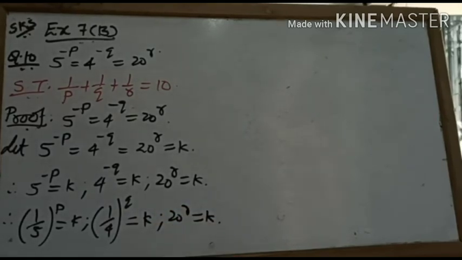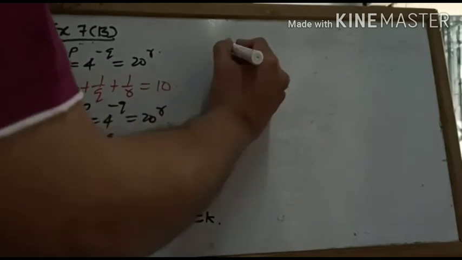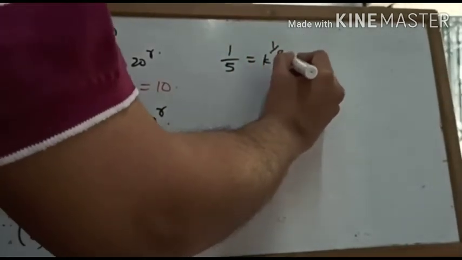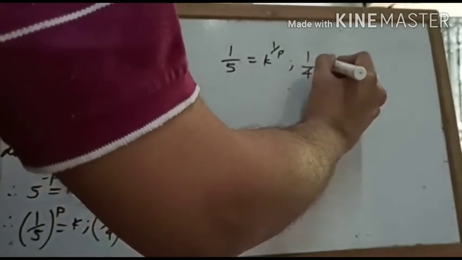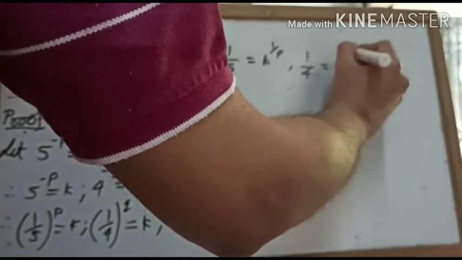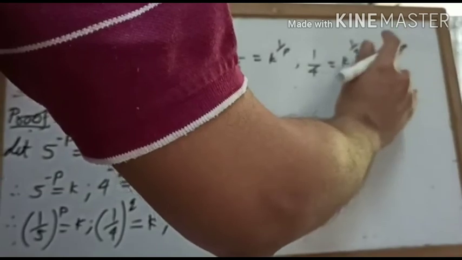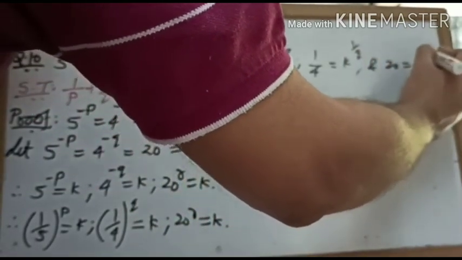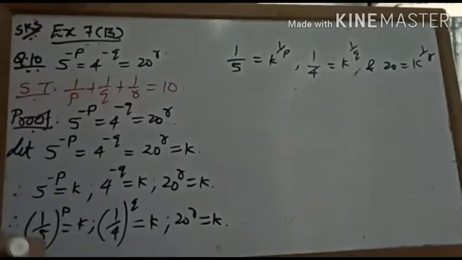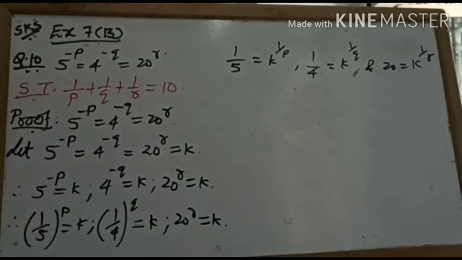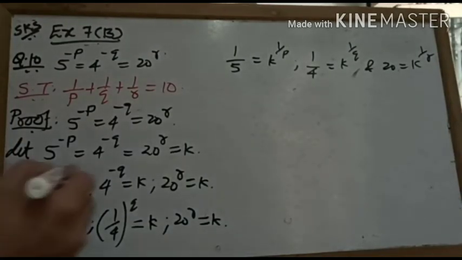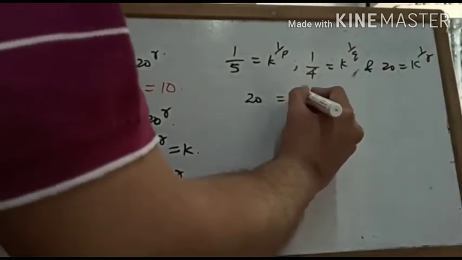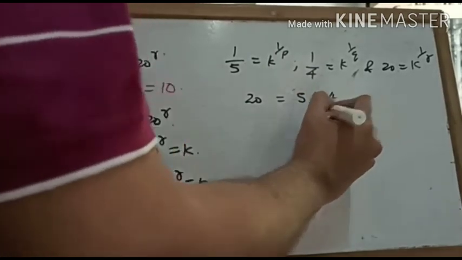I am taking the corresponding root of each number, that is 1 upon 5 will be equal to k raised to 1 upon p, 1 upon 4 will be equal to k raised to 1 upon q, and 20 is equal to k raised to 1 upon r. I have taken the corresponding roots. Now I know 20 is equal to 5 into 4.